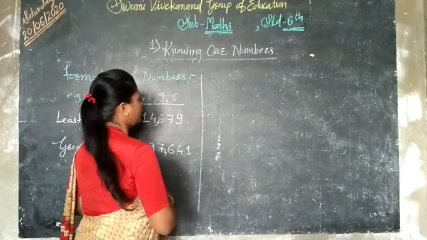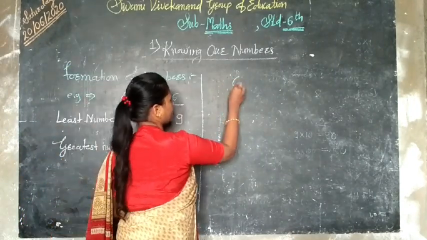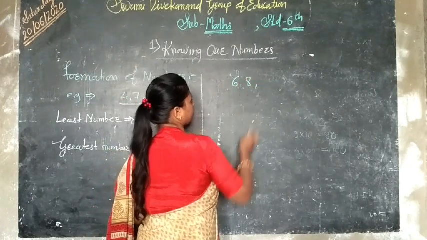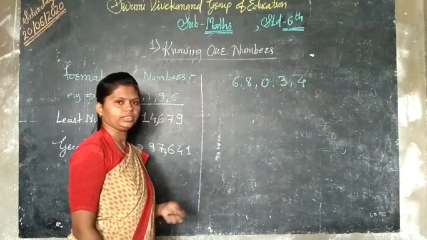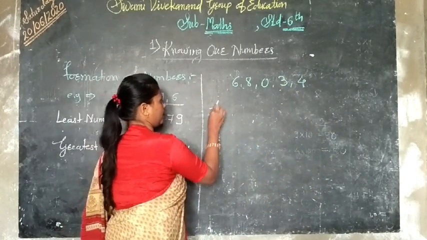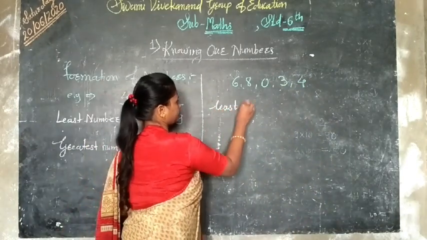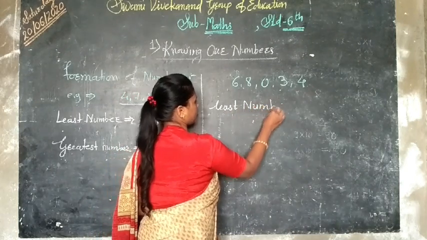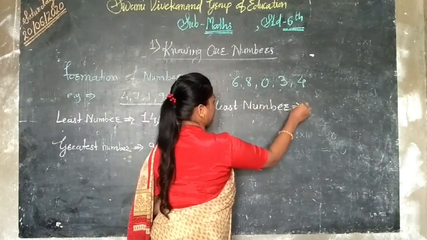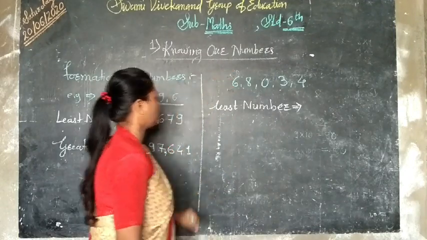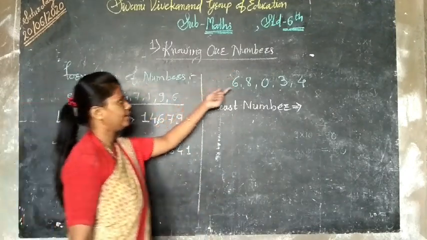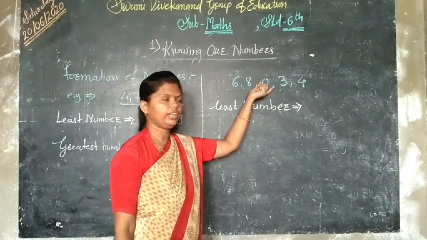So, look here carefully, everyone. 6, 8, 0, 3, 4. There are the 5 digits. Now, you have to prepare a least number. You have to form a least number from these given digits. Now, just as we have formed before, find the least digit present in the given example.